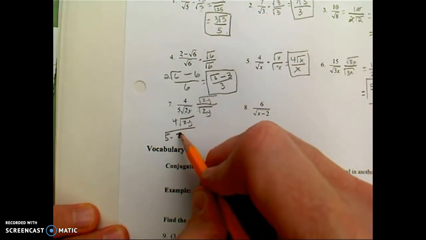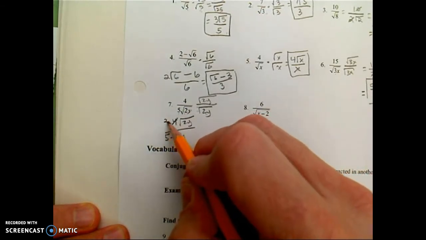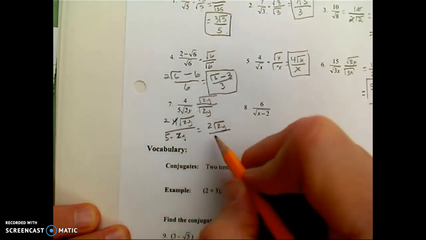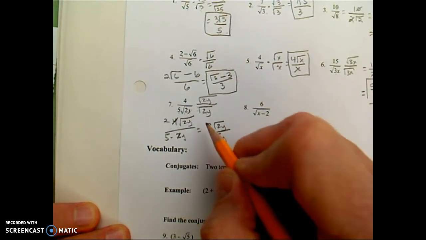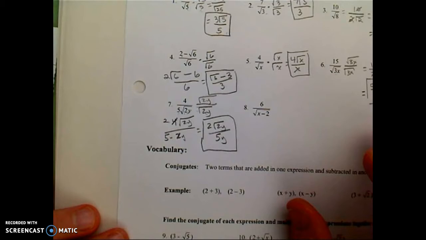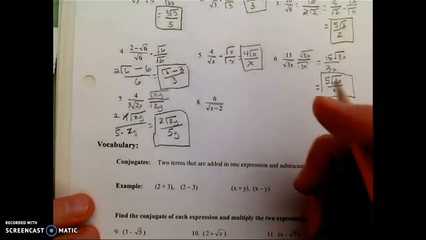So I can see here that I have a common factor of 2. So 2 times square root 2y over 5y. Here's one that's a little bit more challenging.